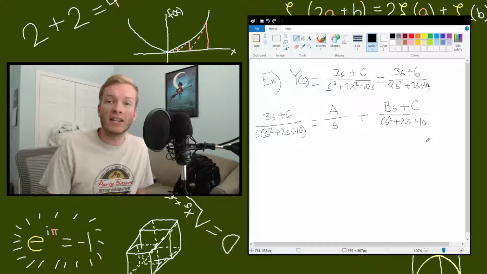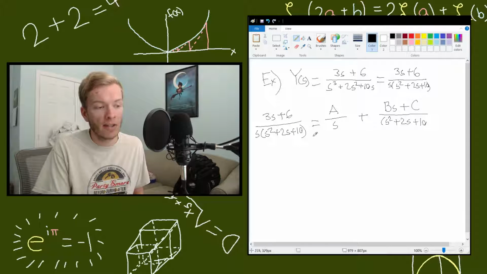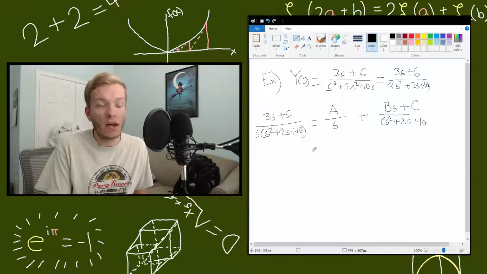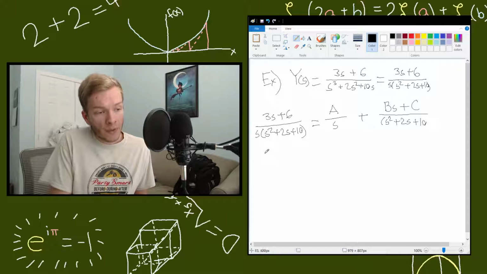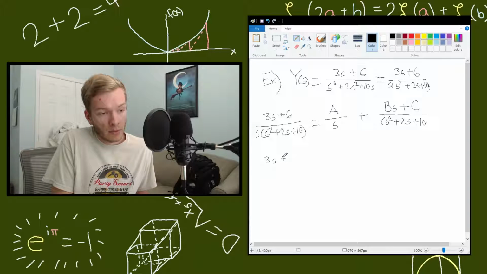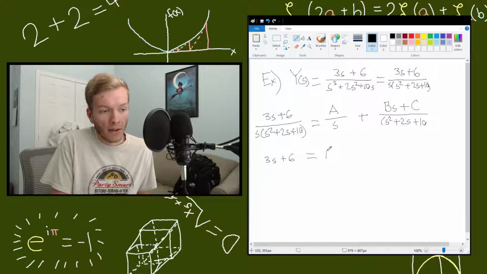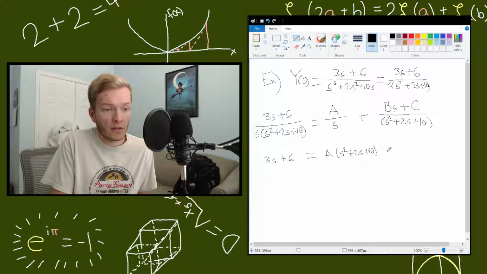But like I said, it's a lot easier to multiply this out by the common denominator. So what we're going to do is say 3s plus 6 is equal to a times our s squared plus 2s plus 10. Sorry, I didn't finish out the parentheses up there.